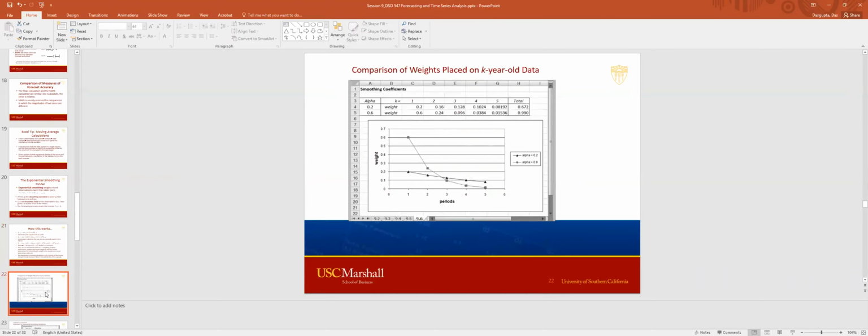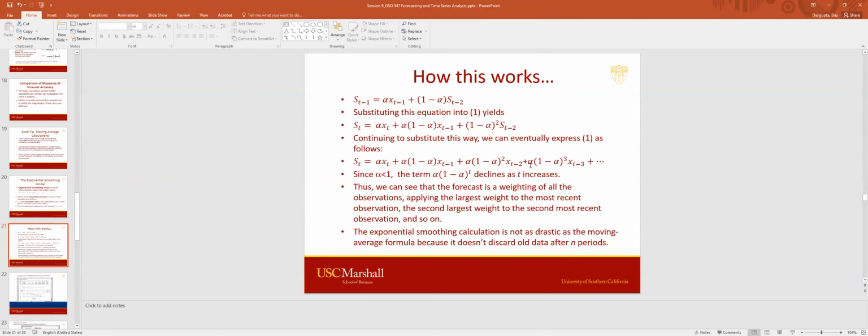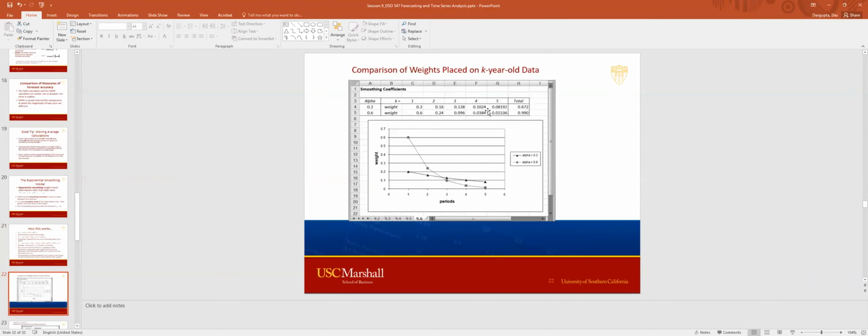One interesting observation is that if you compare the weights placed on k-period-old data, for alpha equals 0.2, you have, for 1, 2, 3, 4, 5, the weights following that logic: alpha times 1 minus alpha, then alpha times 1 minus alpha squared, alpha times 1 minus alpha cubed, etc. Those numbers are calculated here.